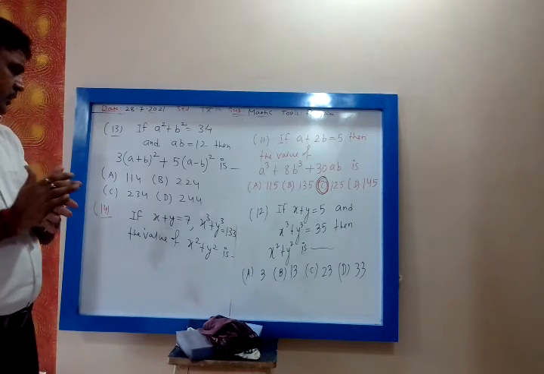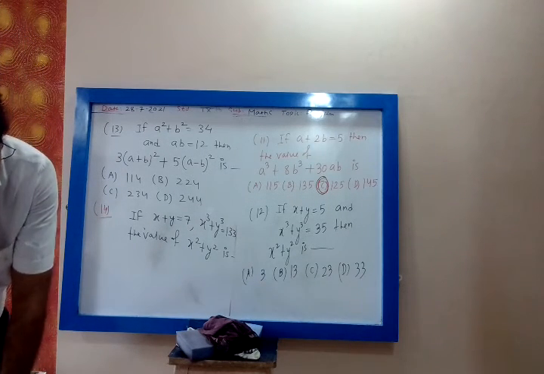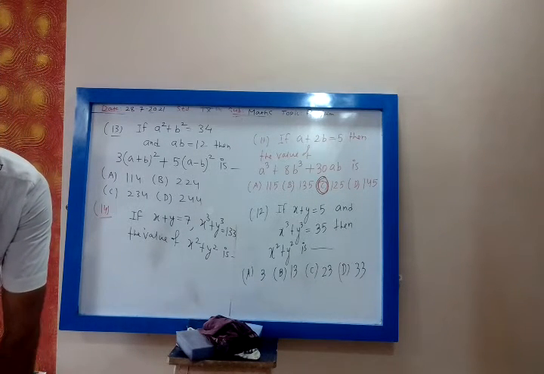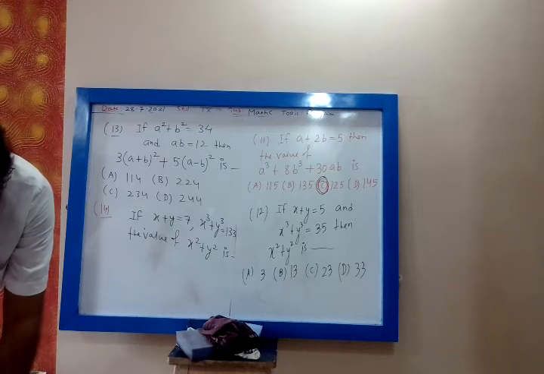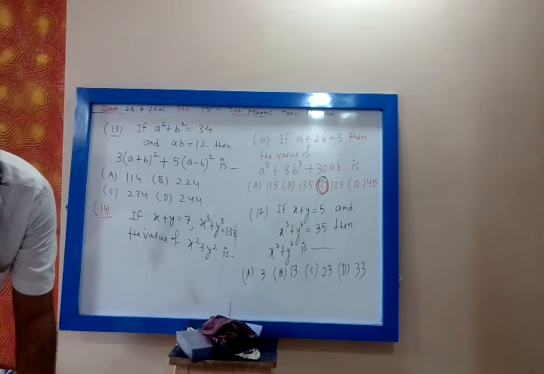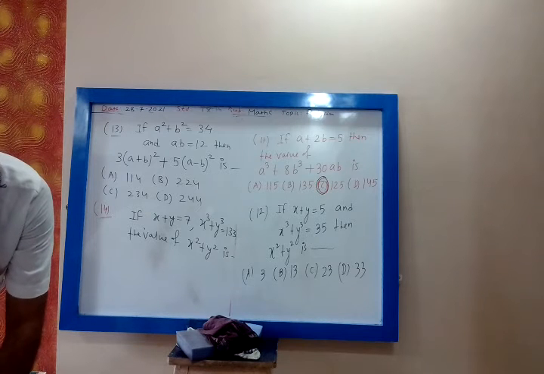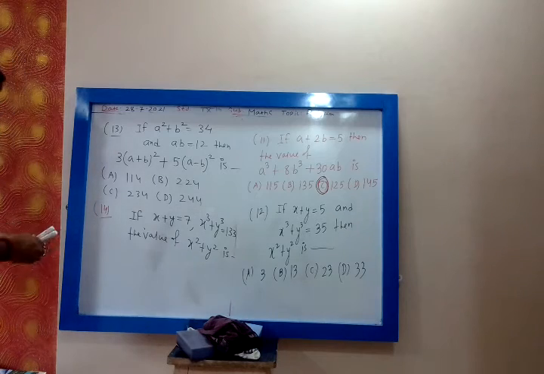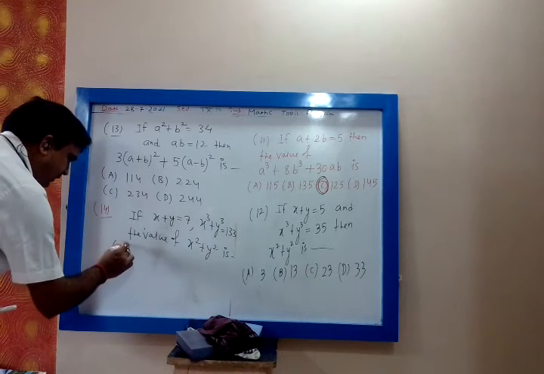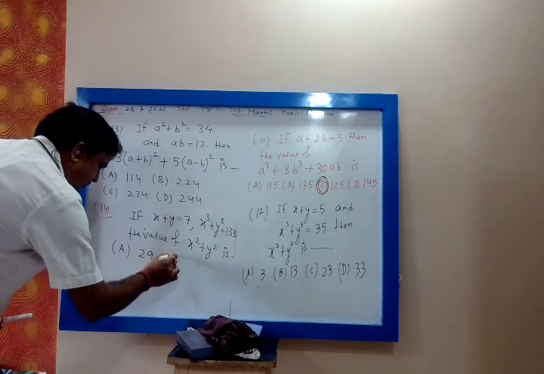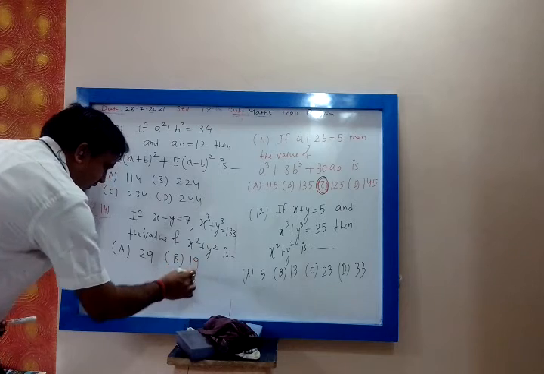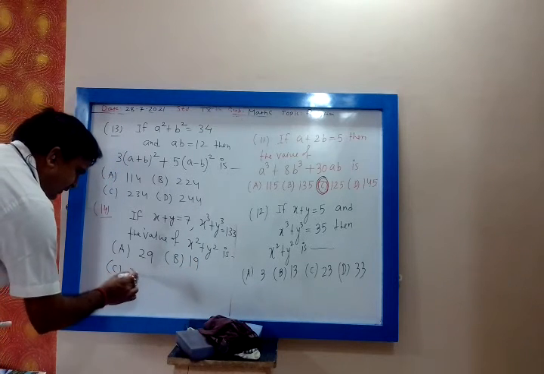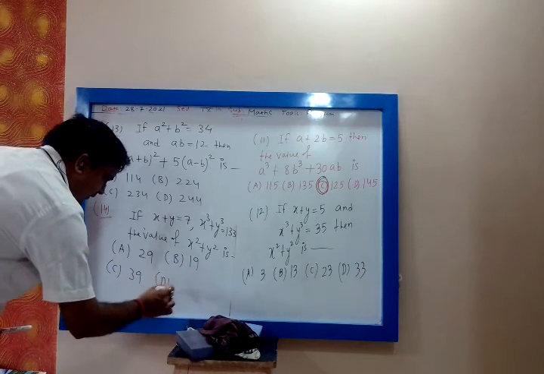Okay. Chalo, solve this. One minute. Okay. A 29, B 19, C 39 and D 49.